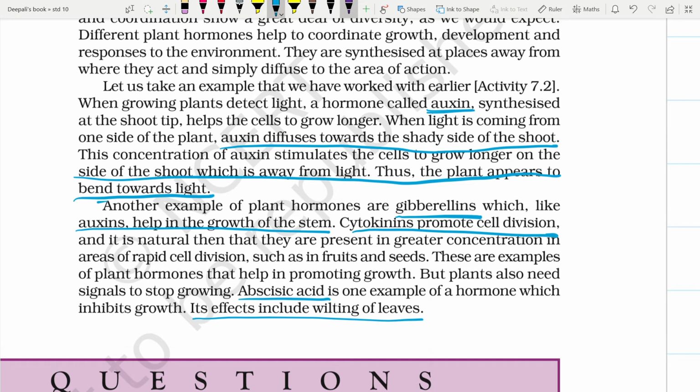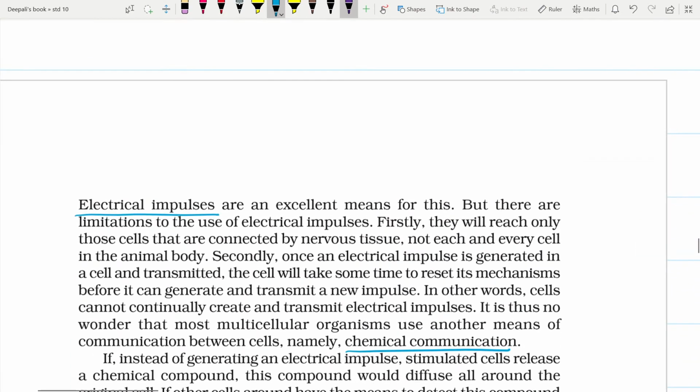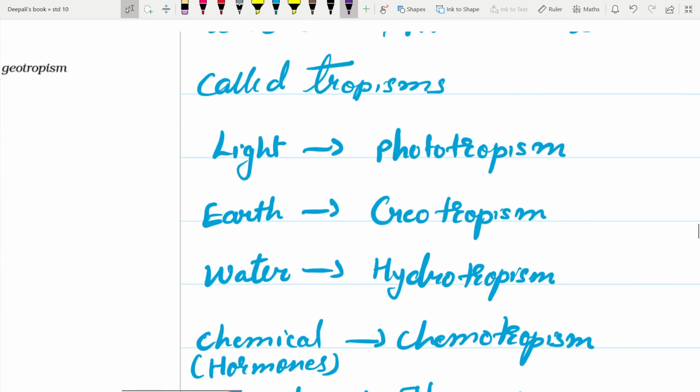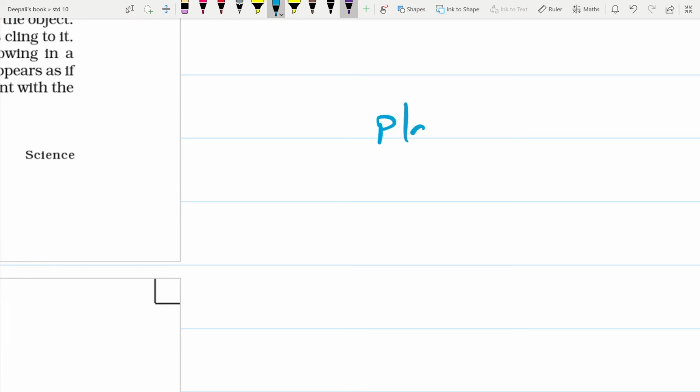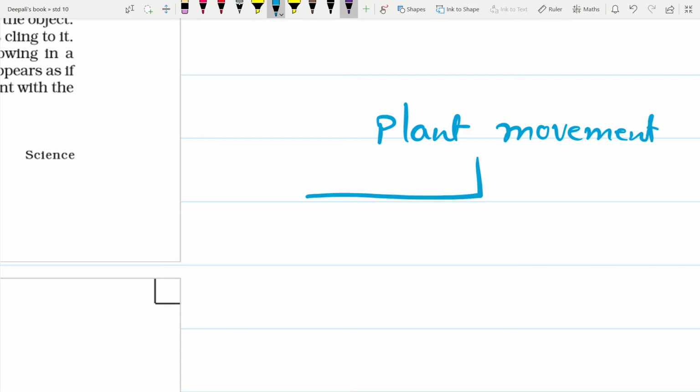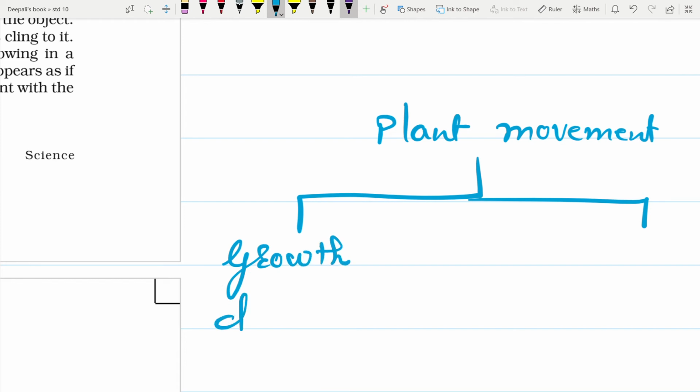Let us just have a quick recap of all we studied. Plants show two types of movement: one is due to growth and one is independent of growth. So, plant movement can be classified into two broad groups: growth dependent and growth independent.